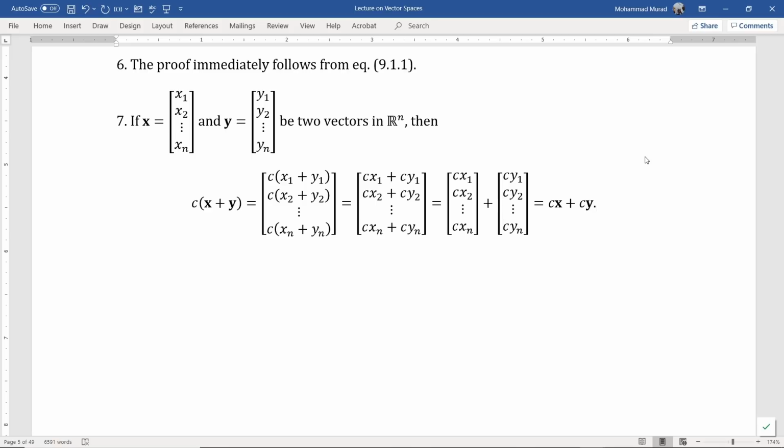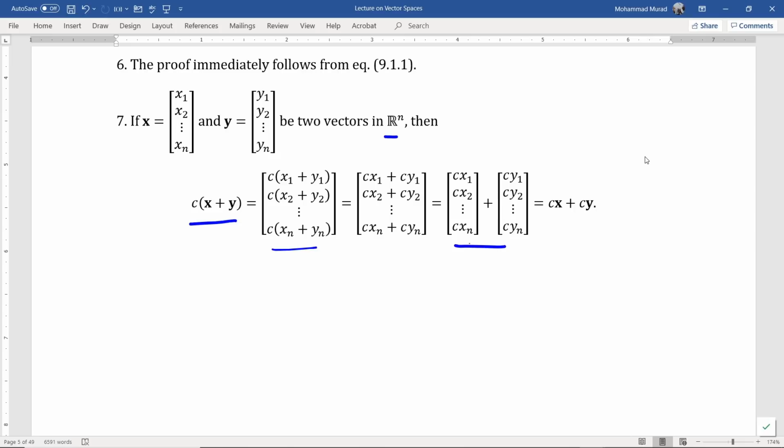If x is a vector and y is a vector in Rn with components as shown, then we can calculate c times the vector x plus y, which can be written as the sum of two vectors by following the definition of vector addition.